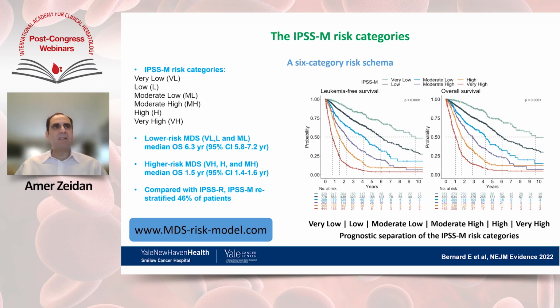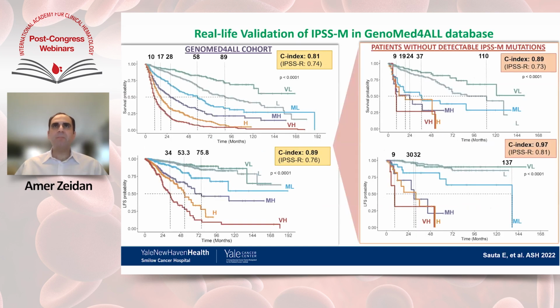While those with the higher risk categories, which are the moderate high, high, and very high, have a median overall survival of 1.5 years. And importantly, when you use the revised IPSS and then re-stratify patients according to the IPSS-M, almost half of the patients are re-stratified. So a significant number of patients have different prognostic estimation, again, showing the importance of using molecular data.